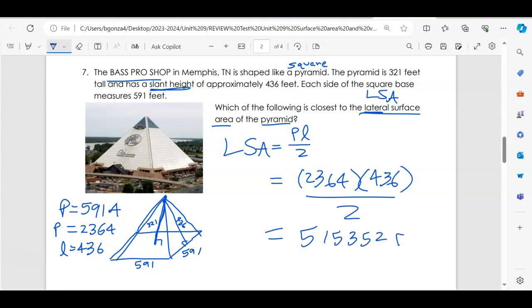And that is feet squared, because surface area is 2D, right? So this is literally the surface area you would paint on the side of that Bass Pro Shop that's in Memphis, Tennessee. Kind of crazy.